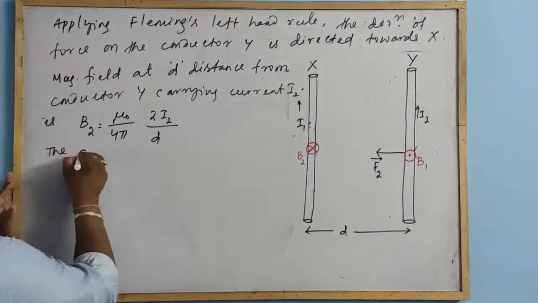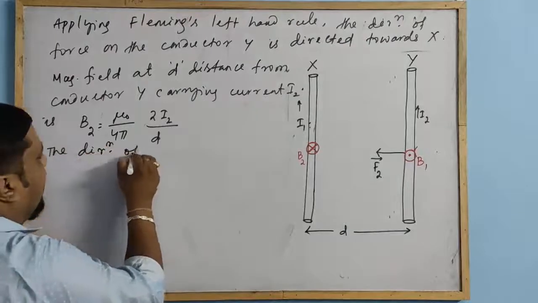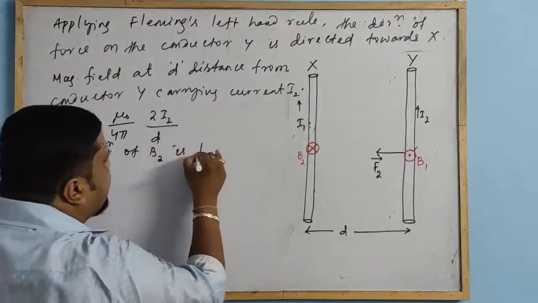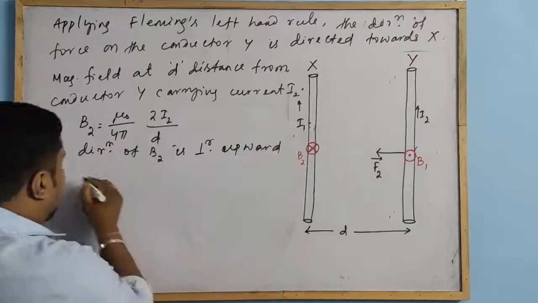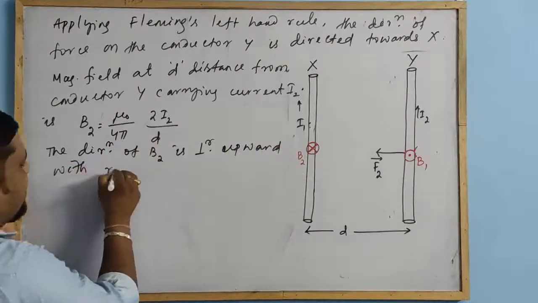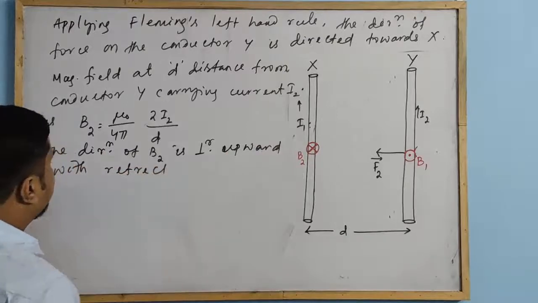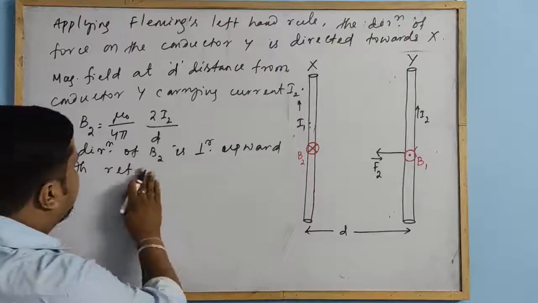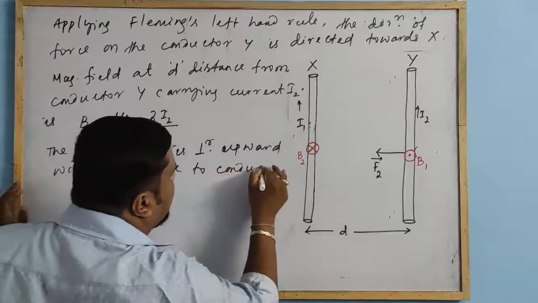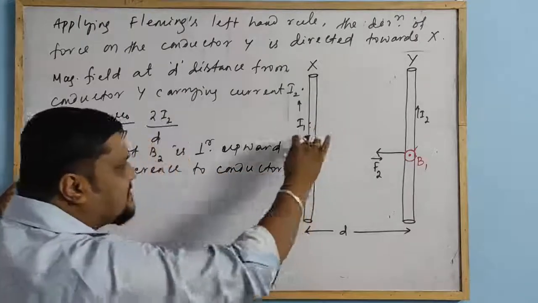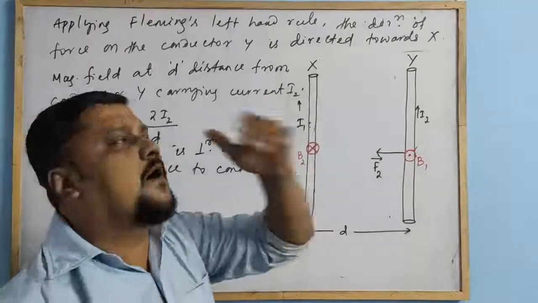The direction of B2 is perpendicular upward with reference to conductor X.